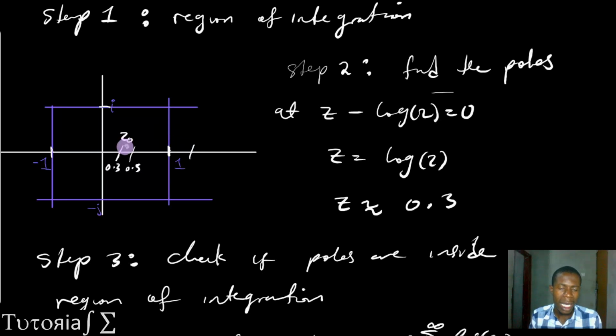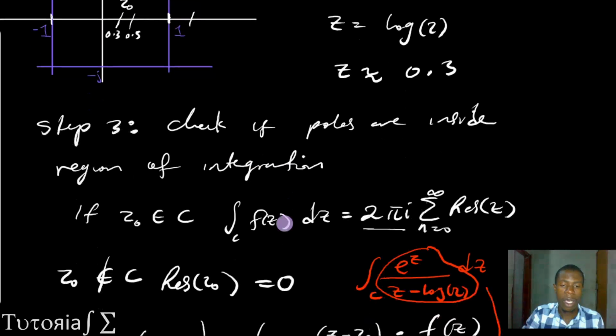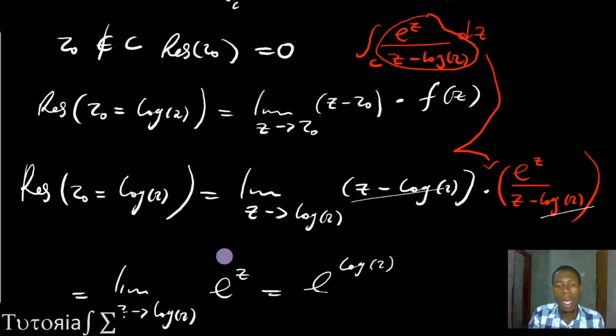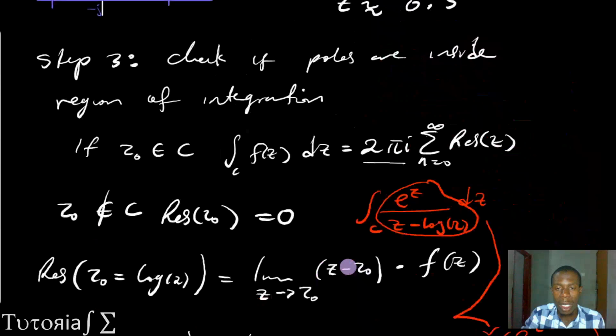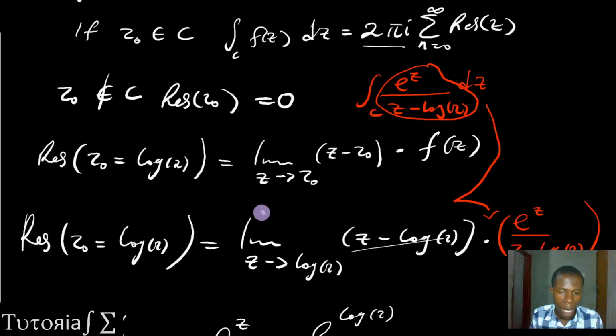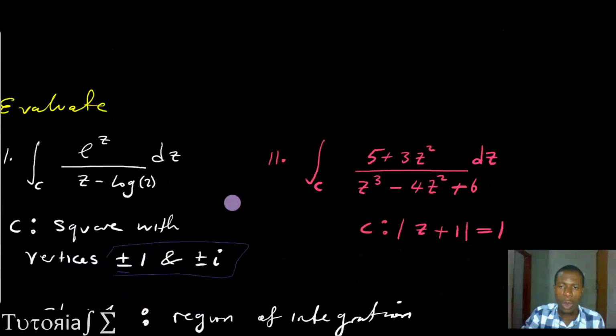If they are inside, then you can find the residues. If they're outside, then the residue is 0, and basically the integral of that is 0. So in this case, it's inside, so we had to find the residue using the formula. Now we can move to the next questions.